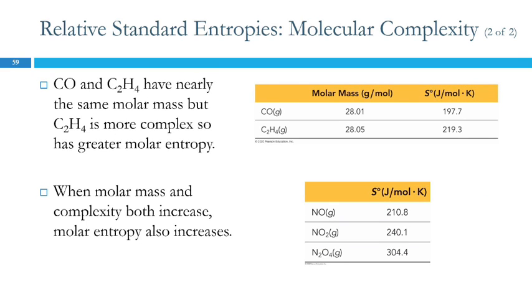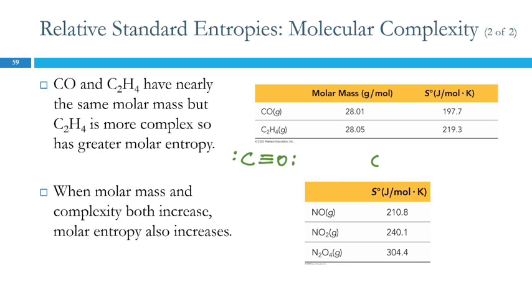If we look at carbon monoxide and ethene, C2H4, nearly the same molar mass, I mean, it's surprisingly similar, 28.01, 28.05. C2H4 has a higher entropy because it's more complicated, right? So let's just sketch Lewis structures really quick here.